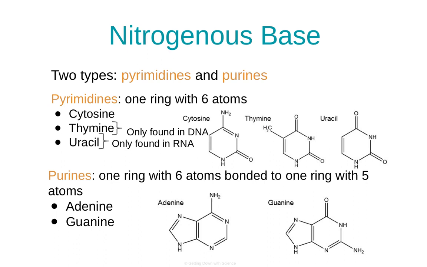So cytosine, thymine, and uracil are all pyrimidines, and the purines are adenine and guanine. And it's maybe obvious why they are in 2 different groups: one of them has 1 ring and the other one has 2 rings together.